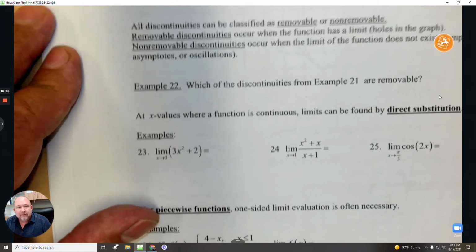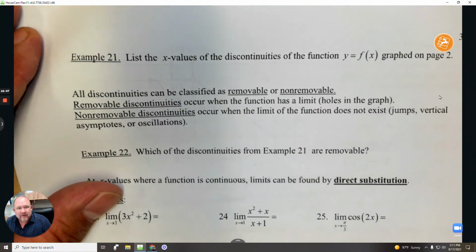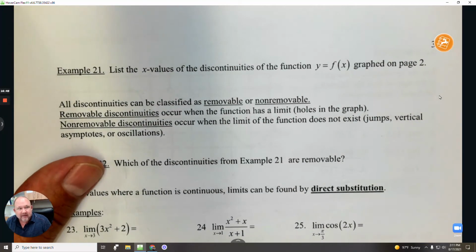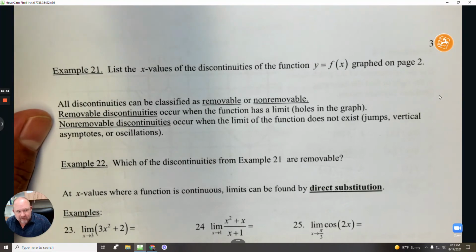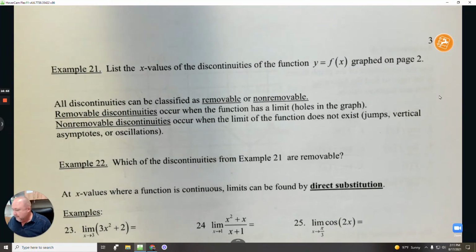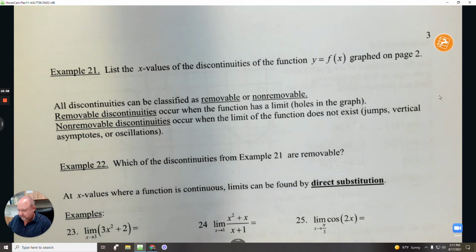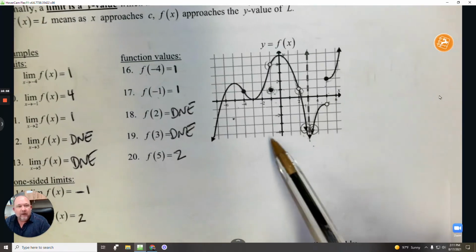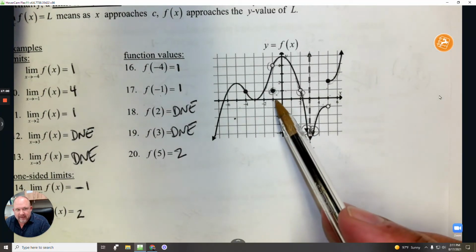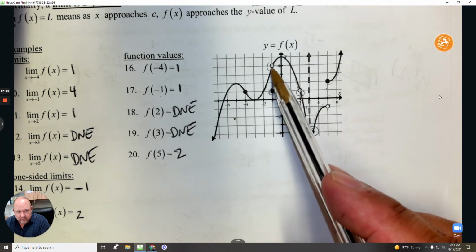So for example number 21, list the x values of discontinuities of the graph for y equals f at x graphed on page 2. So where are the discontinuities here? So when x equals -1, there's a discontinuity.